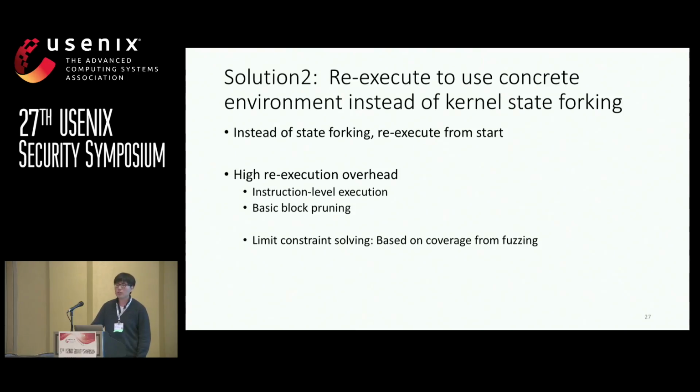So to resolve this issue, we use re-execution instead of state forking. We know it will introduce high re-execution overhead, but we can reduce this overhead by using instruction-level execution and basic block pruning. And we can also limit the constraint solving, because we are in hybrid fuzzing, based on the coverage information from fuzzing.